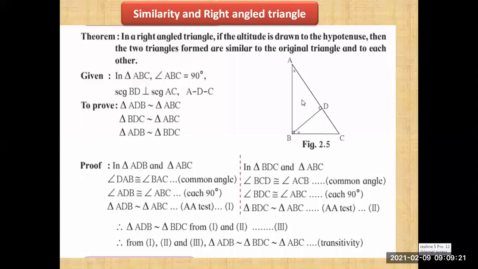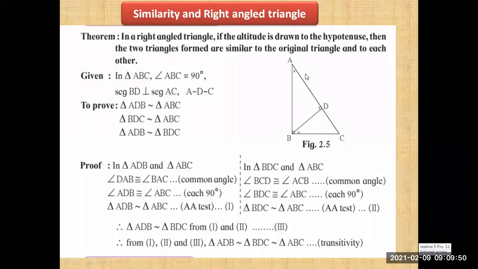First consider these two triangles. Which one? First one is ABD and the larger one ABC. Students, if we consider these two triangles, angle DAB is congruent to angle BAC, since angle A is the common angle.